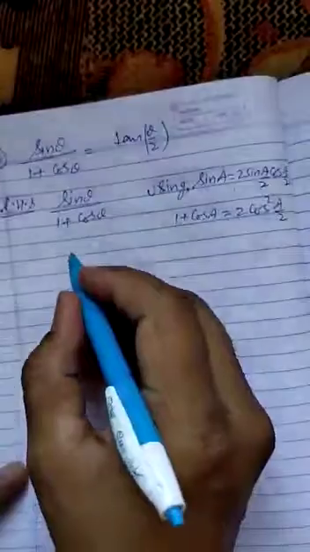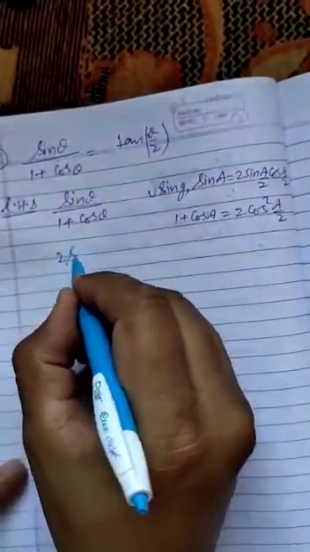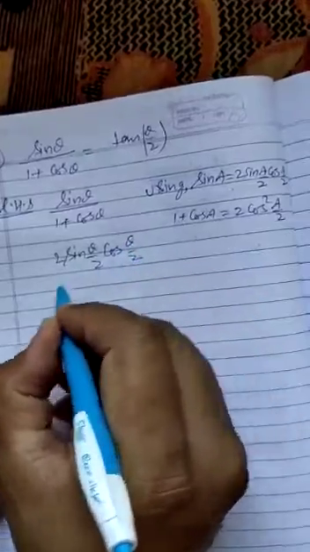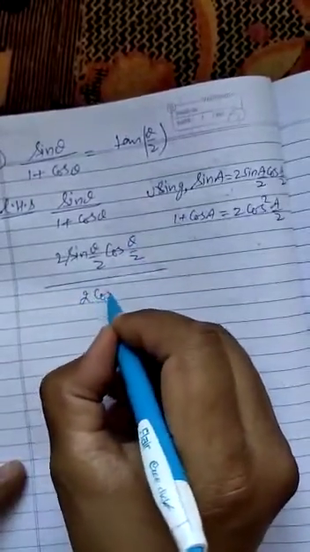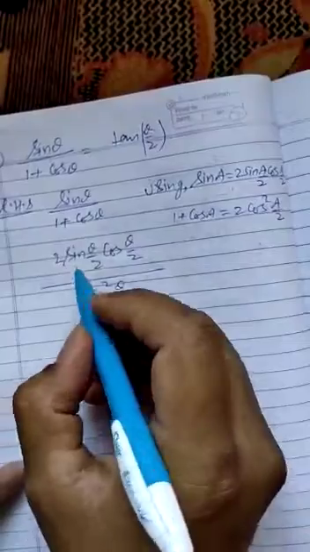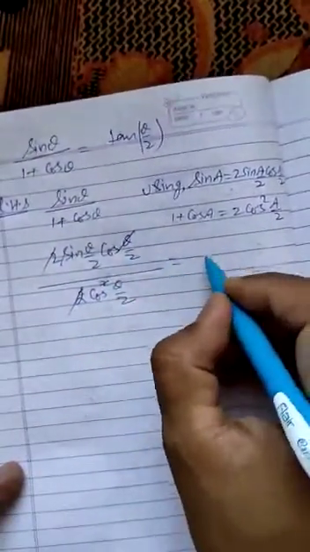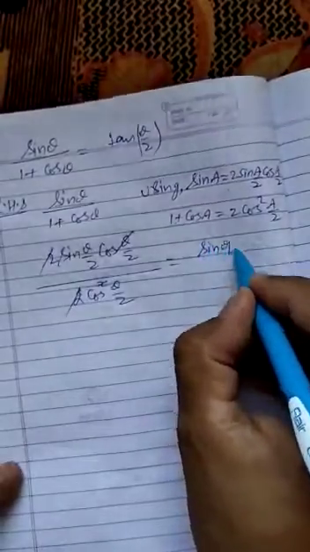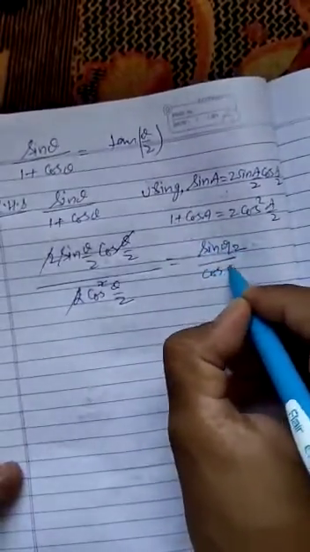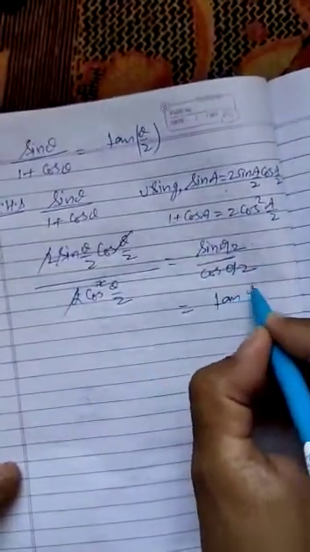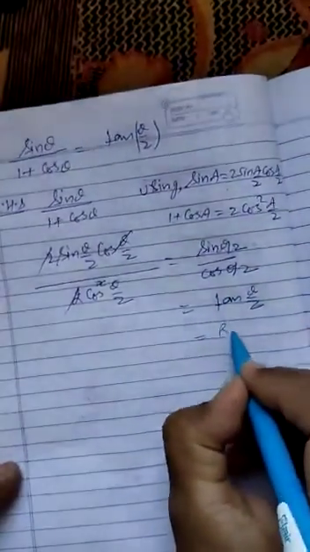So we have 2 sin theta by 2 cos theta by 2 over 2 cos square theta by 2. In this case 2 will cancel out and one cos will cancel out, and what do we get? Sin theta by 2 upon cos theta by 2, and this is tan theta by 2, which is equal to the right hand side.